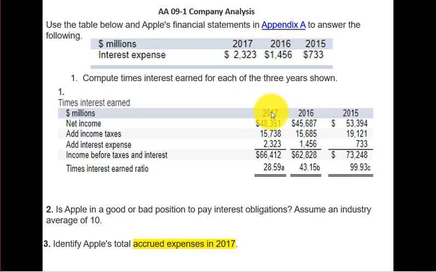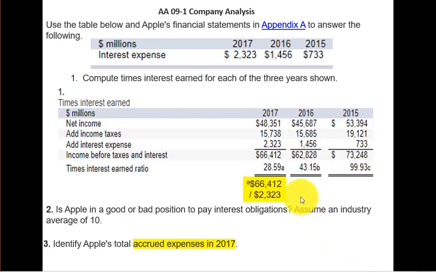Okay, so what you would do then is you would take this number, for example, 66,412, and you divide it by the 2017 interest expense, which is 2323, which there it is right there, and you come up with the times interest earned.